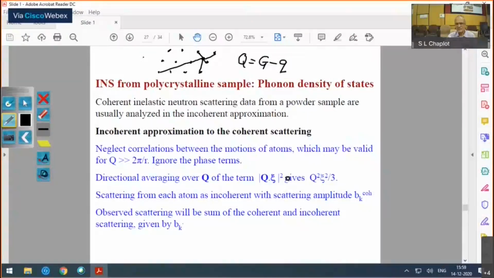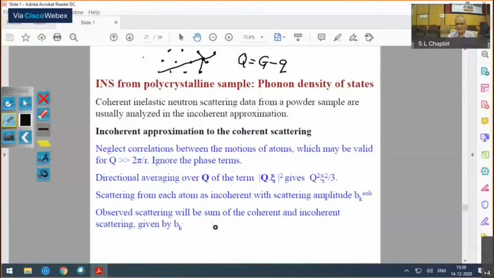So with this approximation, the scattering from each atom is treated as incoherent, but with the same scattering amplitude, namely the coherent scattering amplitude. And of course, in addition, we also have the incoherent scattering. So what we assume is that now the scattering is proportional to the total scattering cross section, or the net scattering length of the atoms, sum over the coherent and the incoherent part, or root mean square of this.